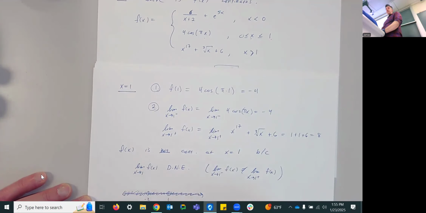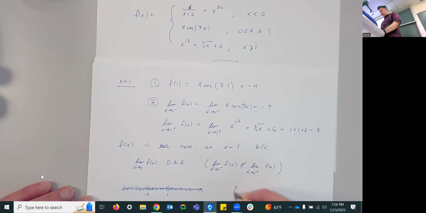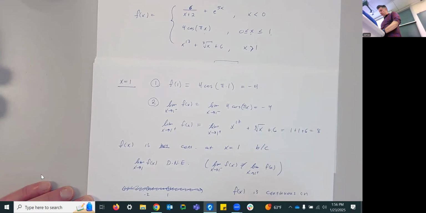My interval of continuity consists of every other value of x. So here we're going to say f of x is continuous on the interval -∞ to -2, union -2 to 1, union 1 to infinity.